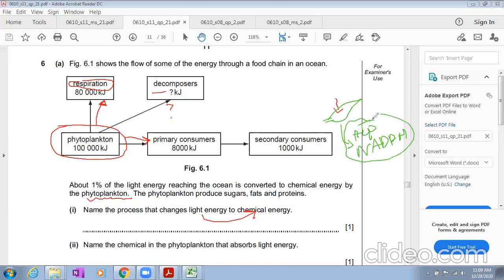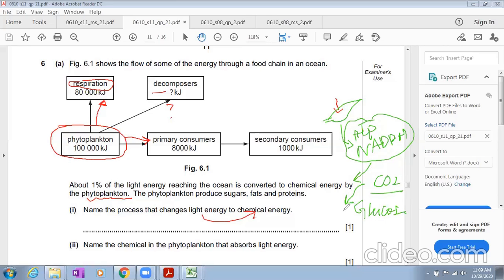This energy is used for the fixation of carbon dioxide, for the conversion of carbon dioxide into glucose, and then into fats and protein.